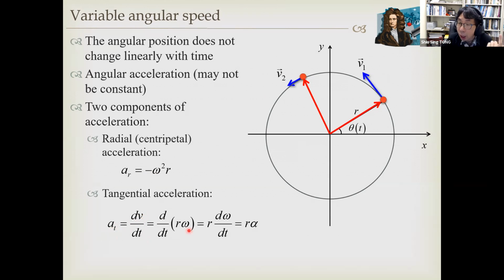So v is equal to r omega. Now the differentiation acts on omega, and that becomes the angular acceleration. So the tangential component is simply given by the radius of the circle multiplied by the angular acceleration. Okay, so now you have two components of acceleration for this single particle.